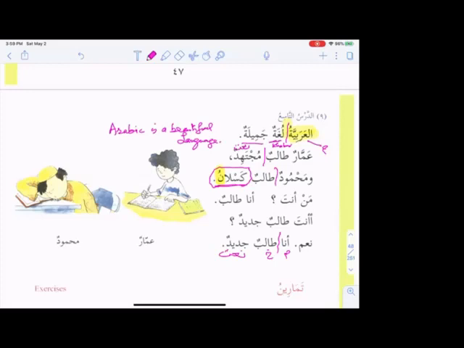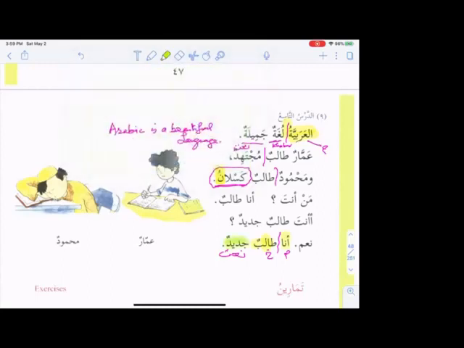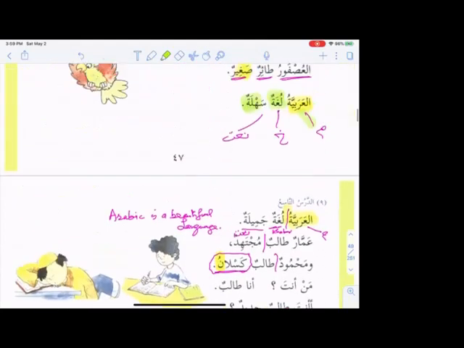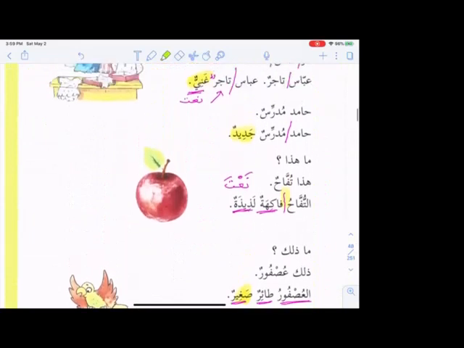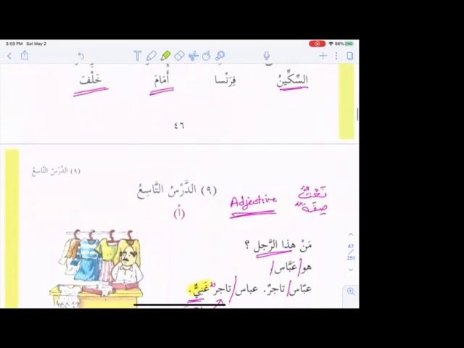So this is your mubtada. This is your khabar. And this is your naat. That's it. I don't want to do more. We'll repeat this again. I will go into more detail and I'll give you a lot of the important things to remember about adjectives.